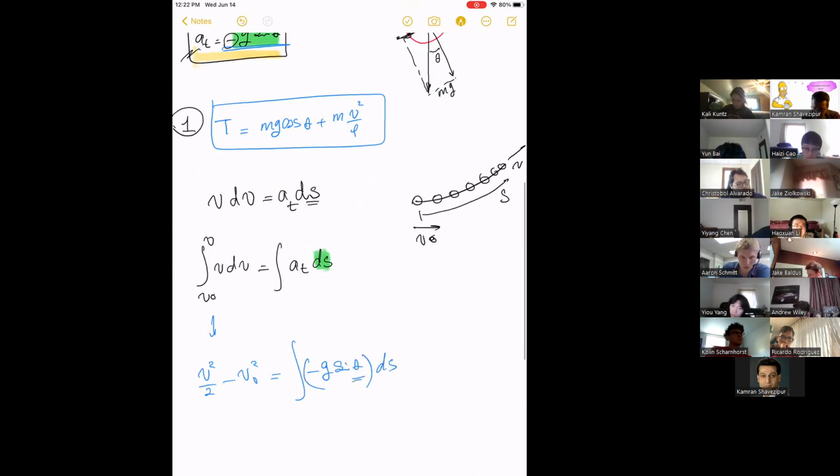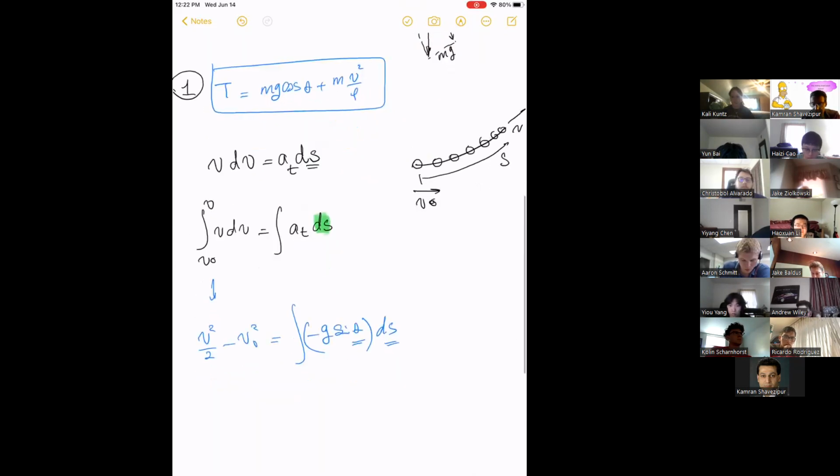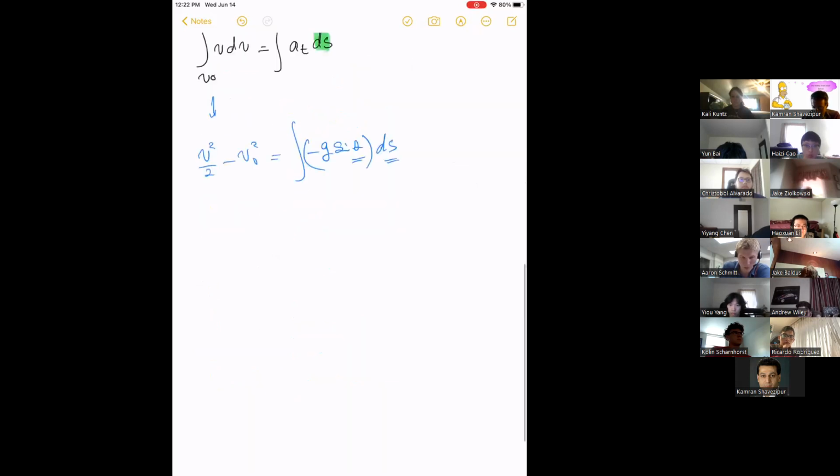You cannot integrate theta in terms of s. So either you have to turn theta to s, or you have to turn s to theta, so you have one variable. How are we going to do that? Any idea? Let's just cheat a little bit.